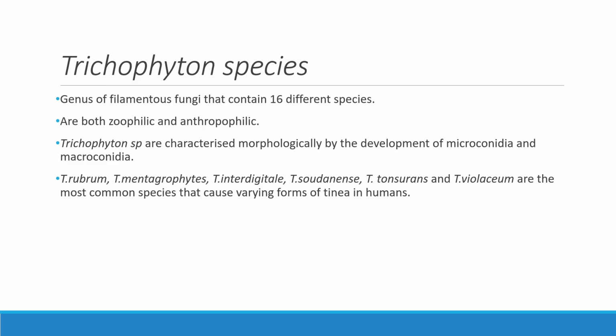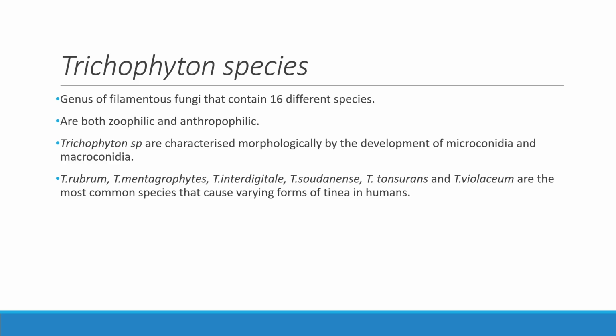They can be both zoophilic and anthropophilic in nature, zoophilic meaning they have animal host reservoirs and anthropophilic meaning human host reservoirs. Trichophyton species are characterized generally by their morphological development of microconidia and macroconidia. However, in just a sec you will see that is not a 100% golden rule.